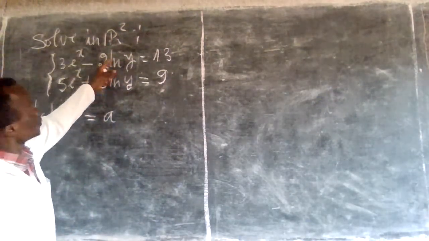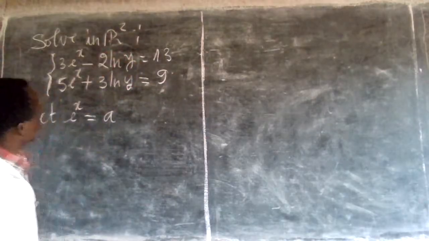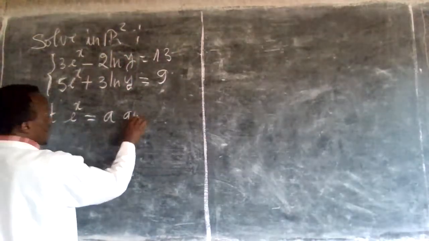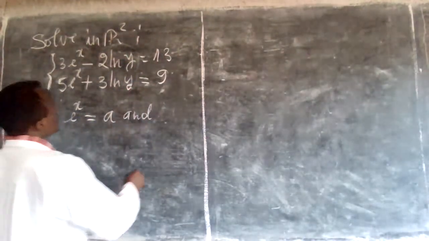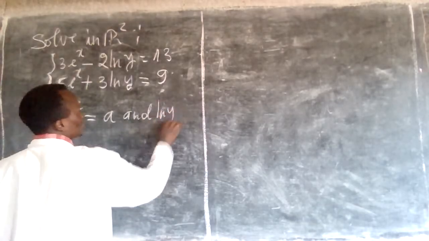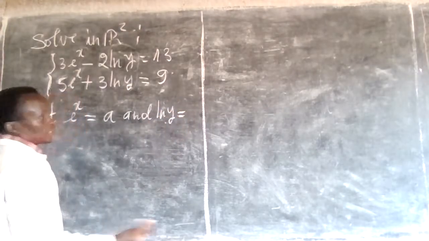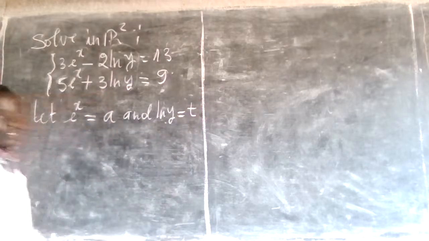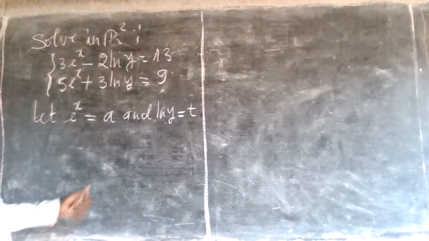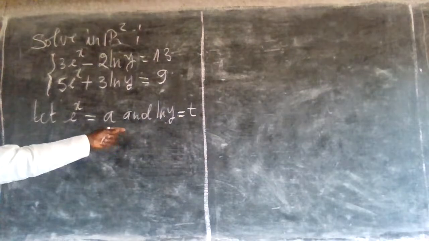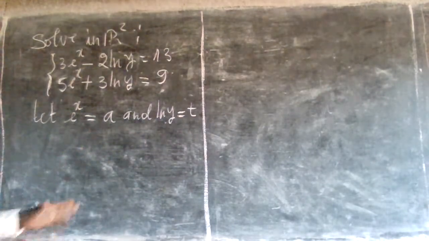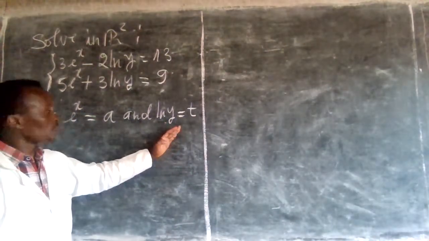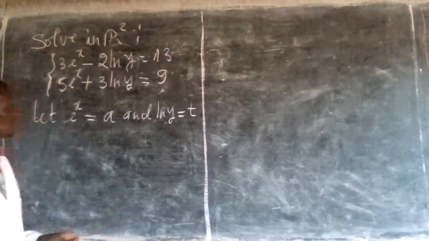Now also suppose ln y equal to, for example, t. You see? It is by supposing. So this will help us to solve this equation in an easy way.